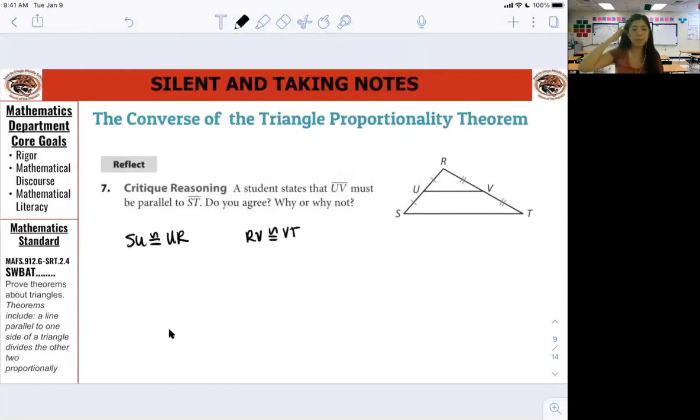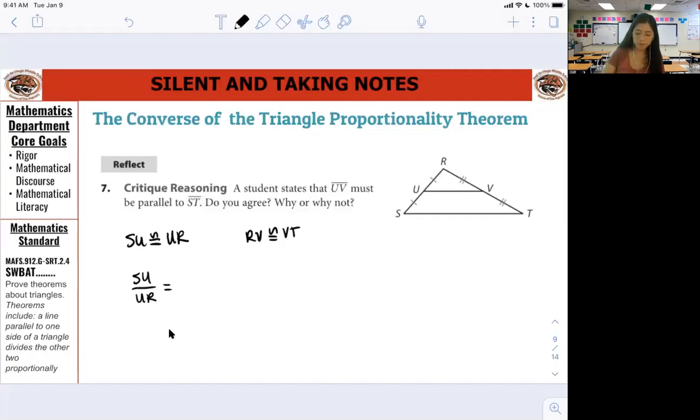So when you set up a proportion, we know that these values are equal to each other. So SU over UR, since they're equal to one another, what does that equal? VT over VR.